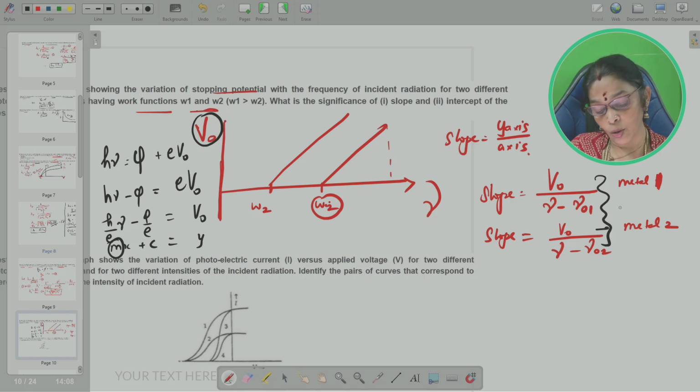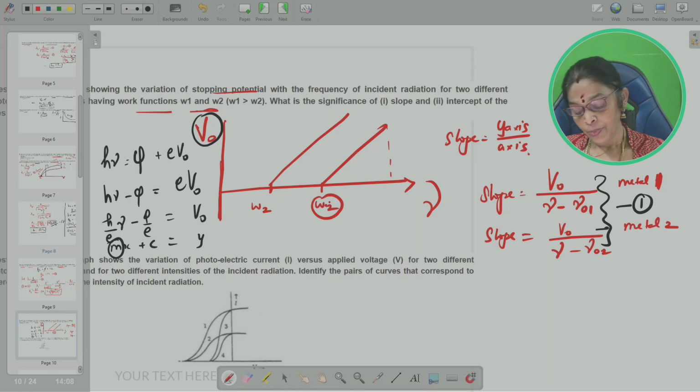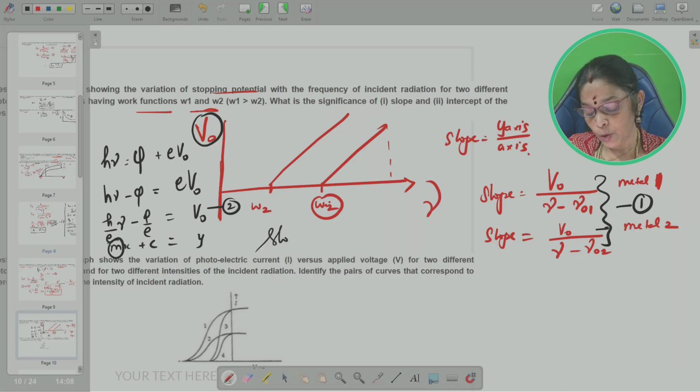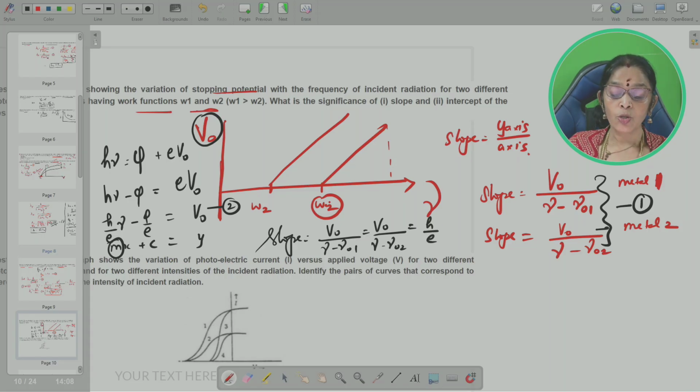This together you call equation 1, and this together you call equation 2. Compare 1 and 2. So the slope is equal to V naught by nu minus nu naught 1, which is equal to V naught by nu minus nu naught 2, which is equal to h by e. That is all. So the significance of the slope is h by e.